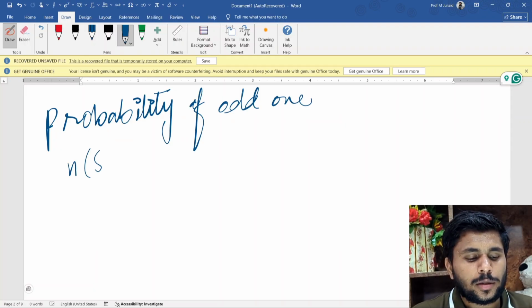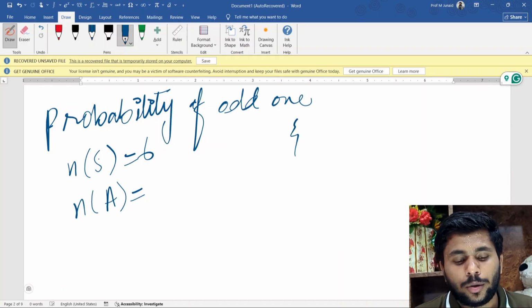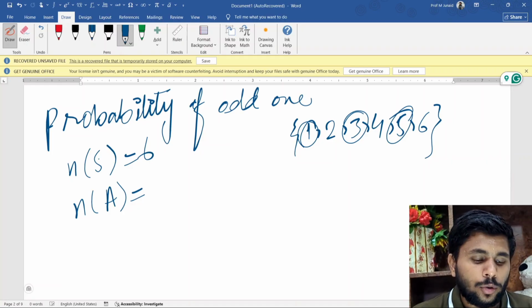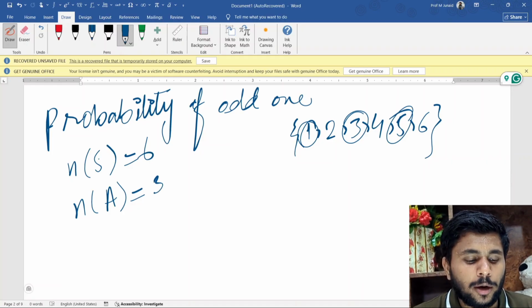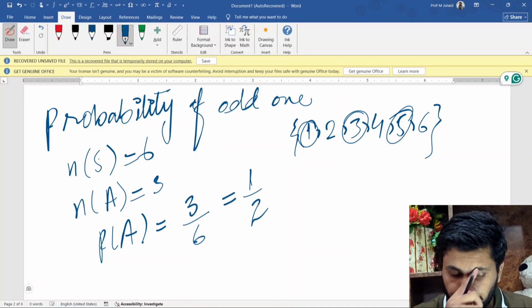So n of S equals 6, and n of A equals how many odd numbers are in faces 1, 2, 3, 4, 5, 6. So how many odd? 1 is odd, then 3 and 5. How many favorable outcomes are there? 3 favorable outcomes. So probability of an odd one is equal to 3 over 6, which is also 1 by 2.